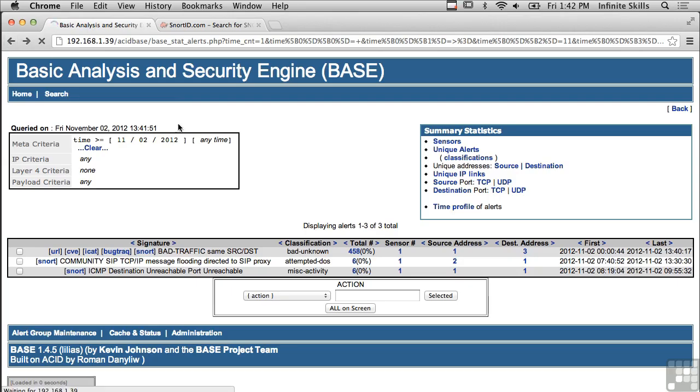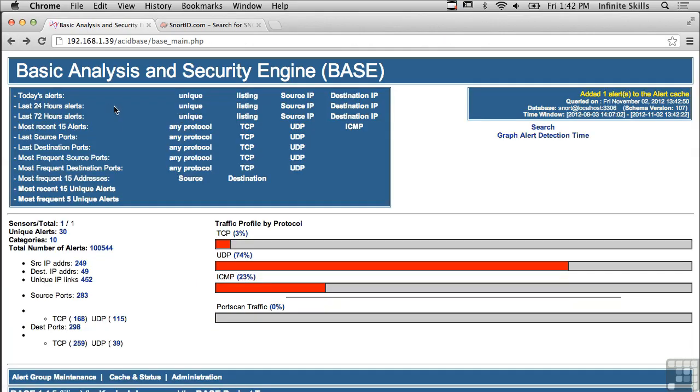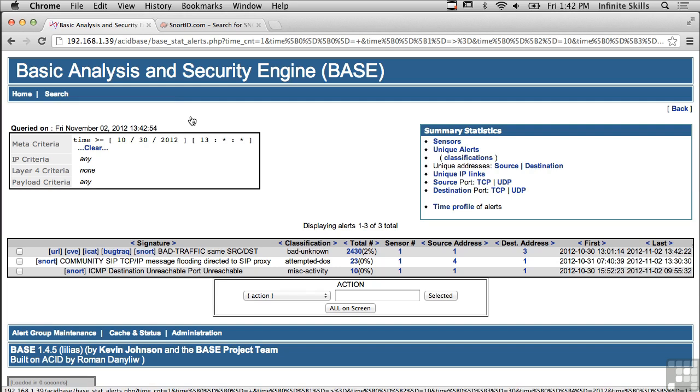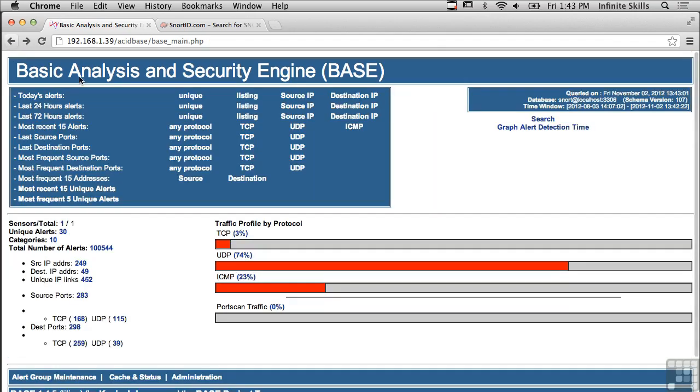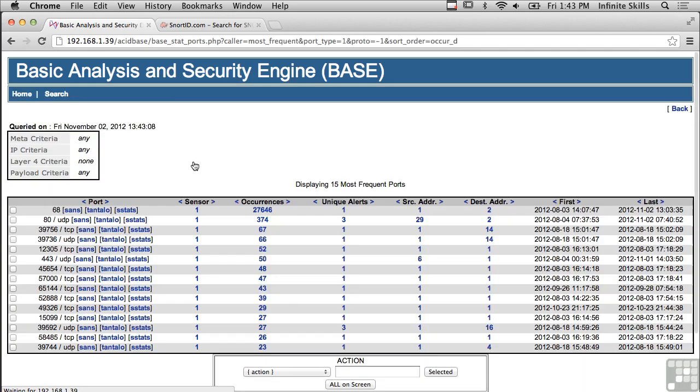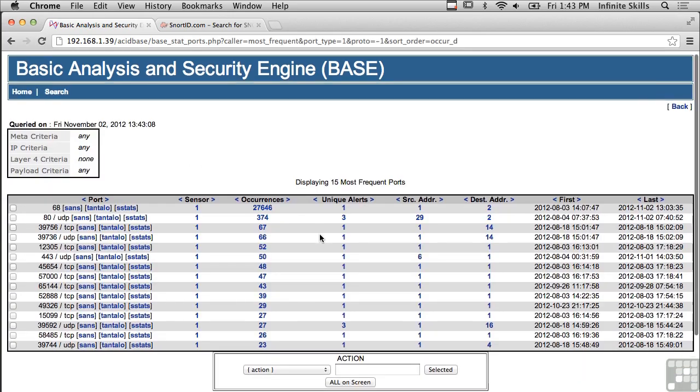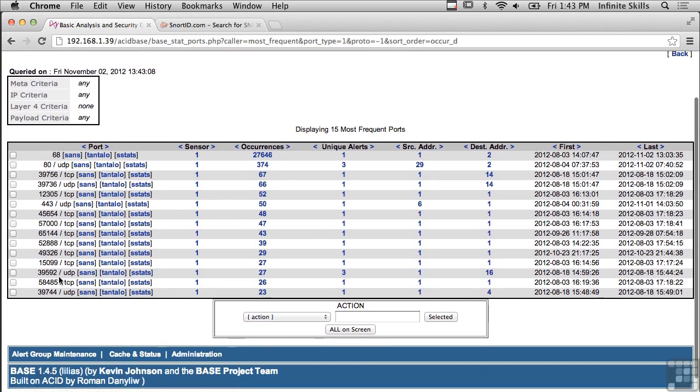And we can go back and take a look at some others. So let's look at the last 72 hours alerts, and it looks like the same set of alerts that are there. And we could take a look at most frequent source ports of any protocol, and you can see there's a list of source ports that have been noted by this particular intrusion detection system.